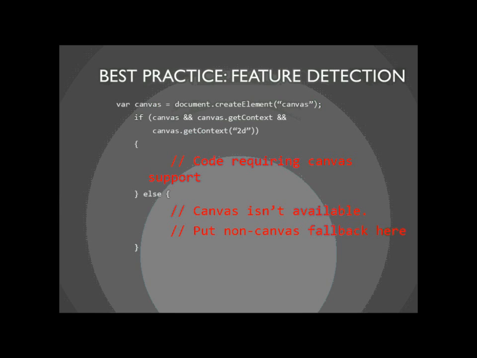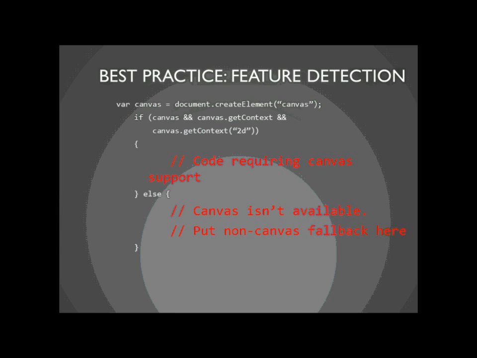The best practice here is to detect whether or not the canvas will be available by creating an element and trying to get the context. If it does return true and it's good, you can then go ahead and execute your JavaScript to dynamically build your canvas. If it is not, then you can put the fallback and the non-canvas elements there.